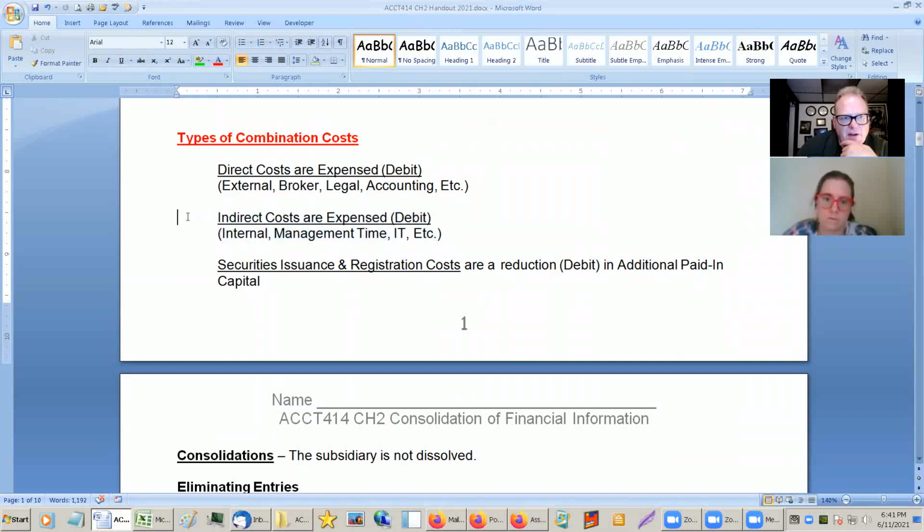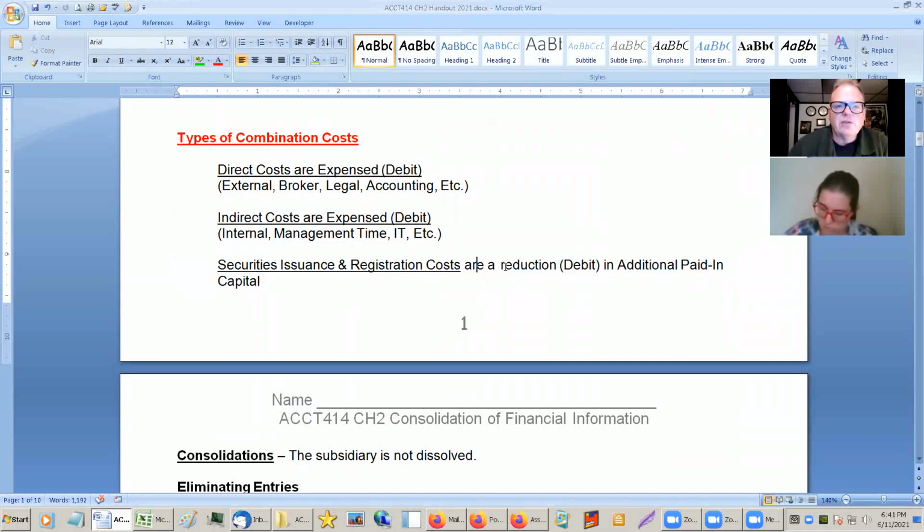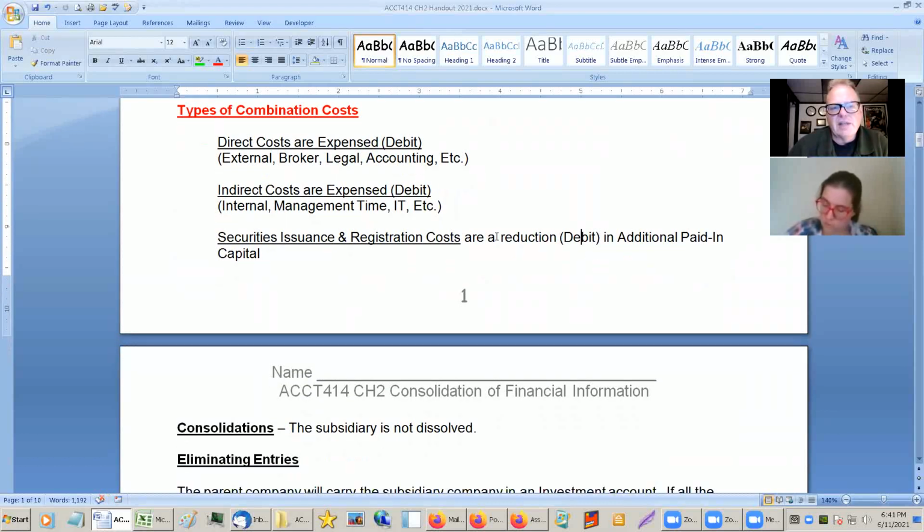Indirect costs are expense. You have management working on this merger, and people trying to get your systems to match up. Those are also expense. The only things that aren't expense are the securities issuance and registration costs, and those reduce the additional paid-in capital. Those reduce the value of the stock that's given.